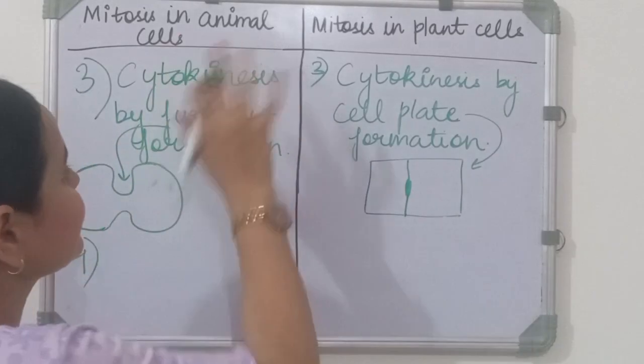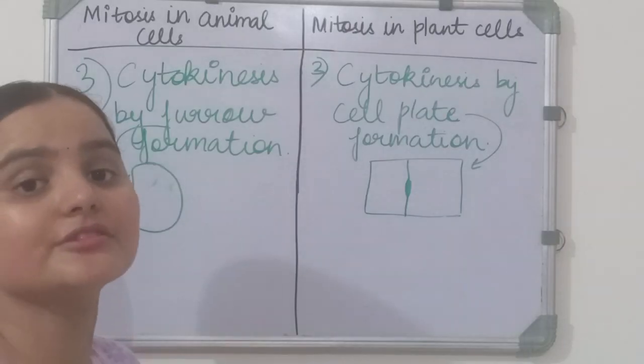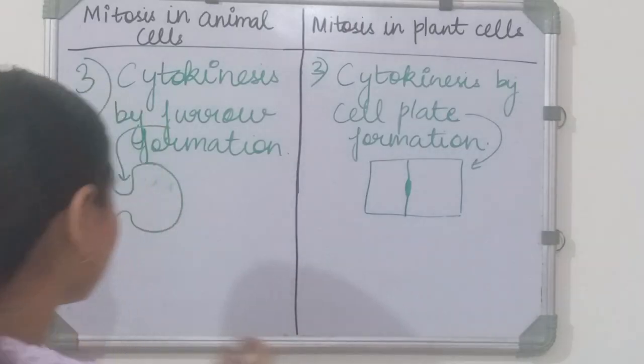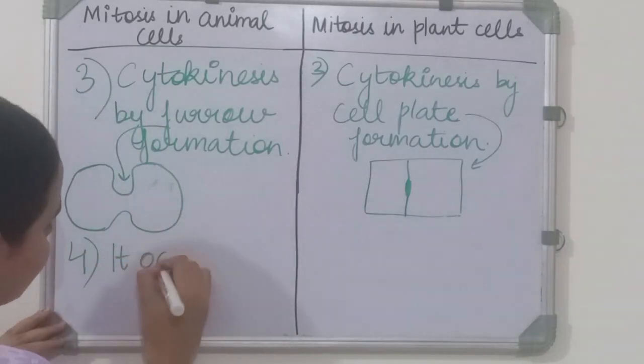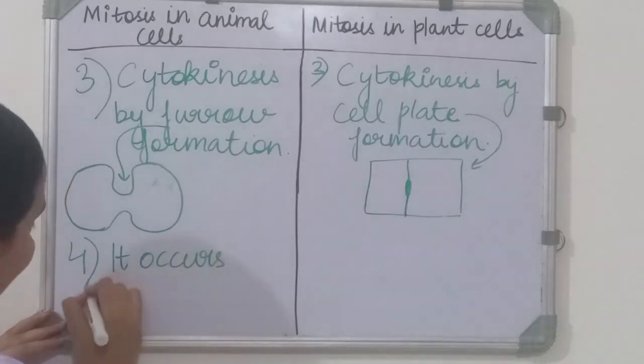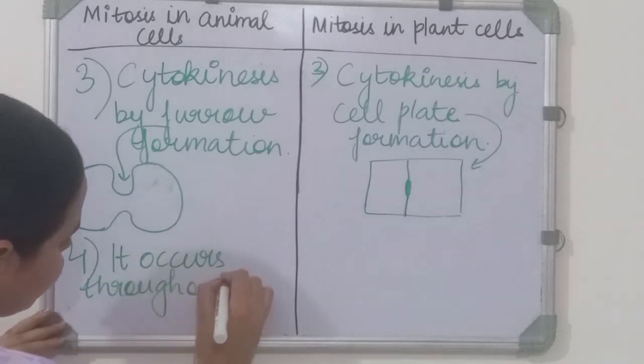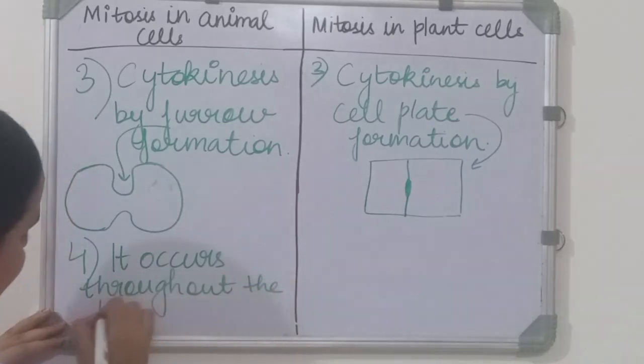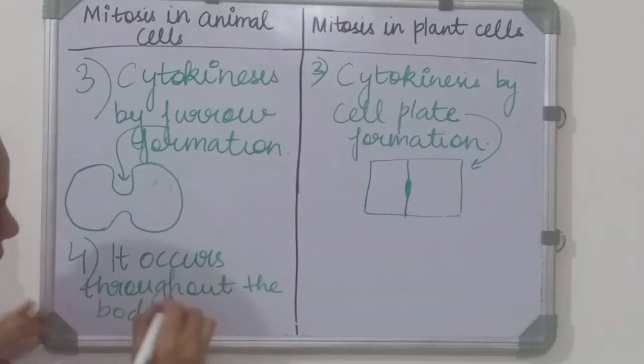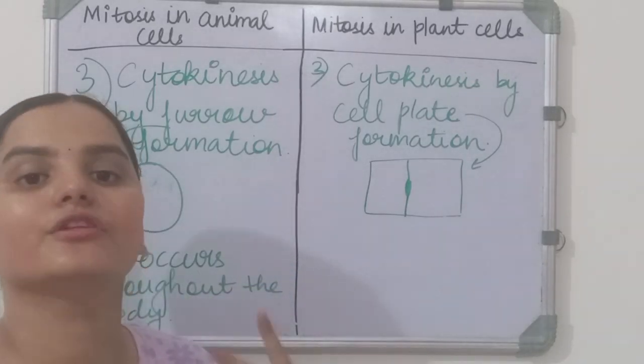Now let's see the fourth difference. Mitosis in animal cells occurs throughout the body, in the somatic cells or the body cells.